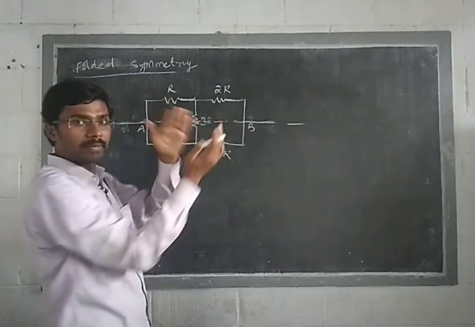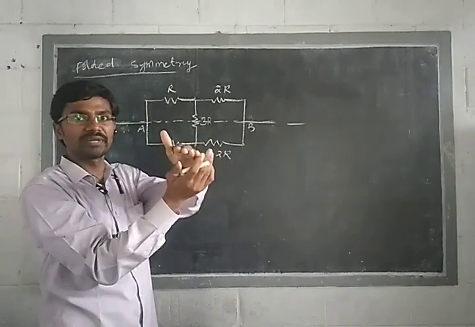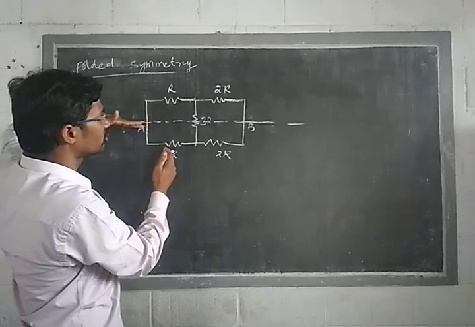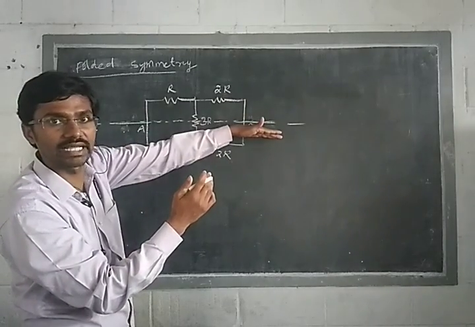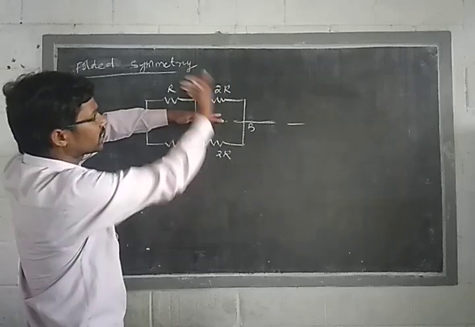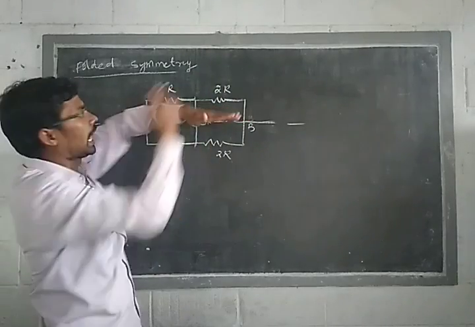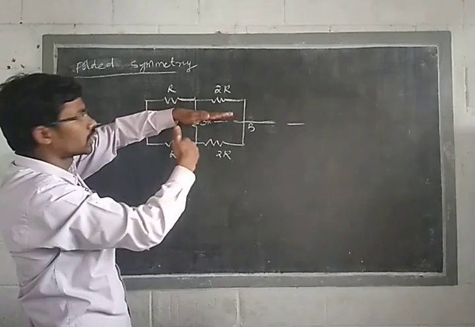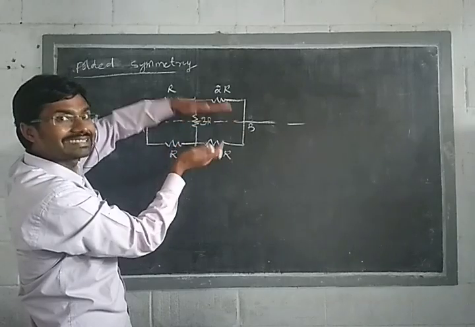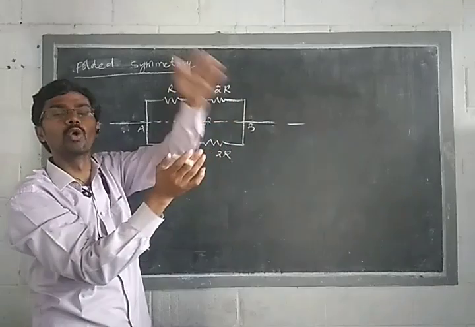But remember, folded symmetry means that, in between the points where you need to find the resultant resistance, you have to see the upper part and the lower part. If the upper part and the lower part are the same, then it is folded symmetry.